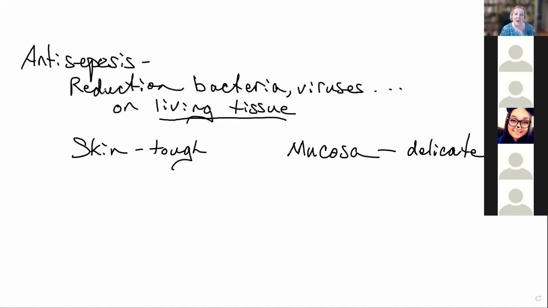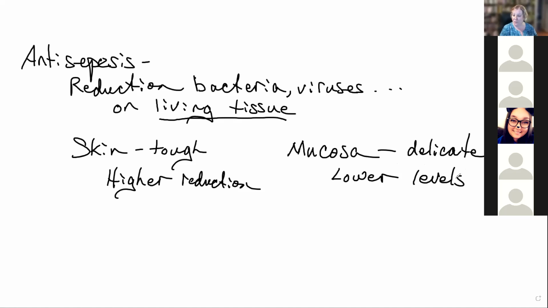So for antisepsis, we don't have a set benchmark that you need to meet. You just have to show that, depending upon the organism, you have a reduction in numbers. Generally, for skin, we have antiseptics that are a little stronger, with a higher reduction. Because of how delicate the mucosal membrane is, we generally see lower levels.